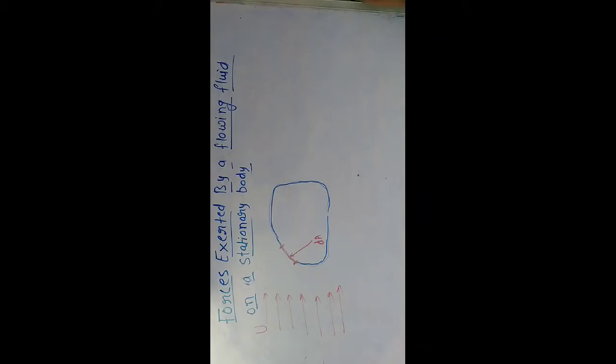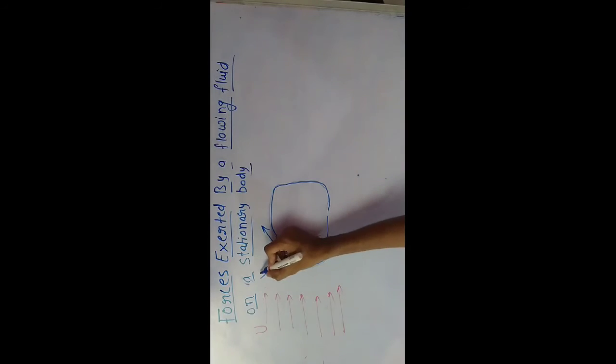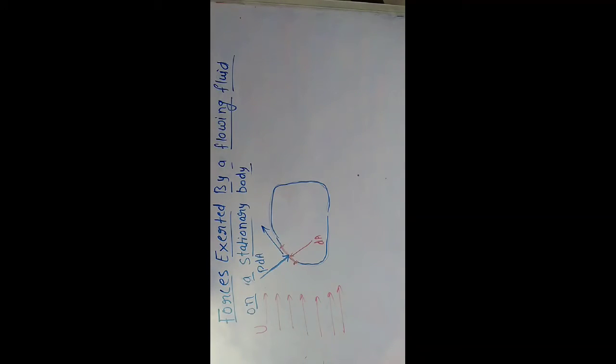So one force will be perpendicular to that surface, and the second force will be along it. The force which is perpendicular to the surface is the pressure force, P into dA.